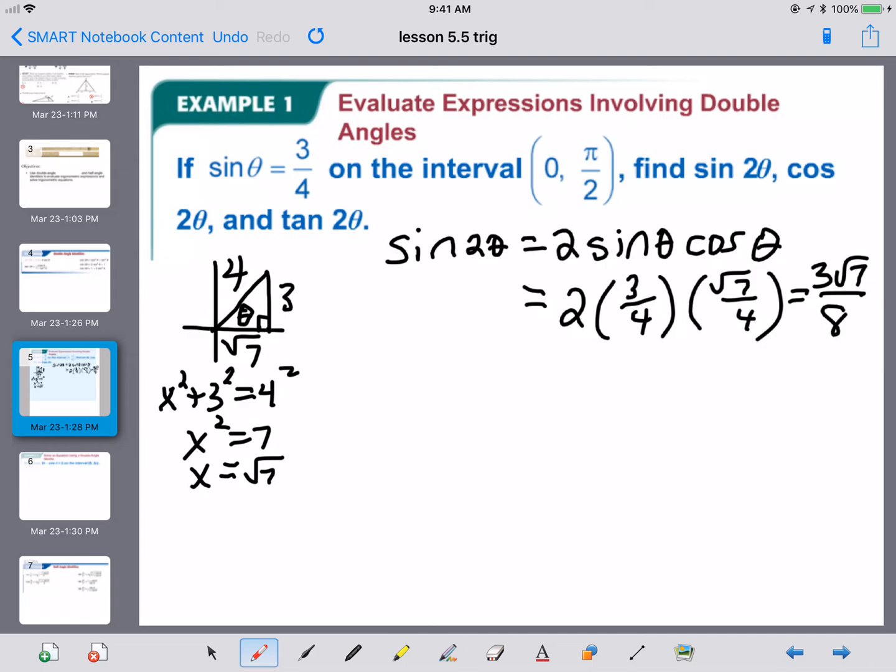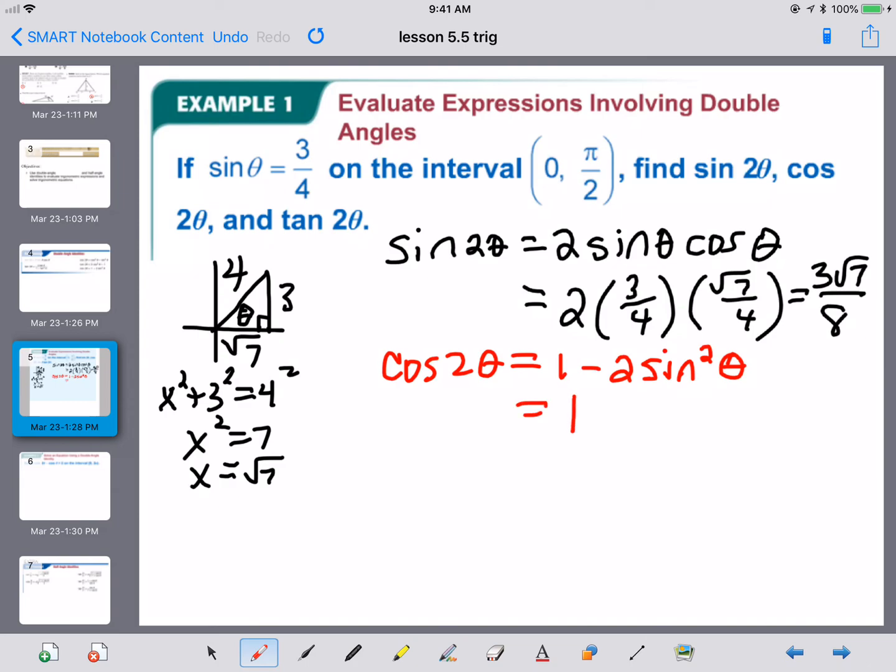Now let's do the cosine of 2 theta. You might recall that the cosine has 3 formulas that we can choose from. I like the fact that they originally gave us a sine, and the formula that contains only a sine for the cosine of 2 theta is 1 minus 2 sine squared theta. So why not use the formula that contains the information they gave you right off the bat, which was the sine of theta?